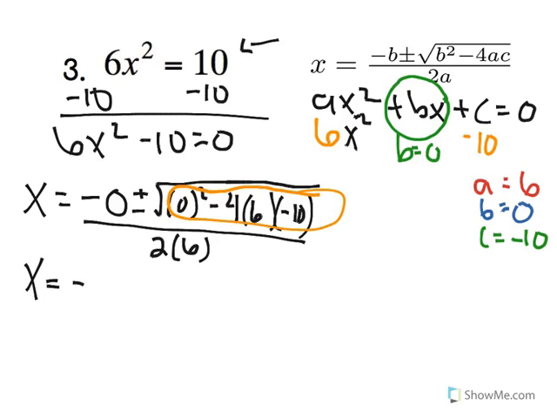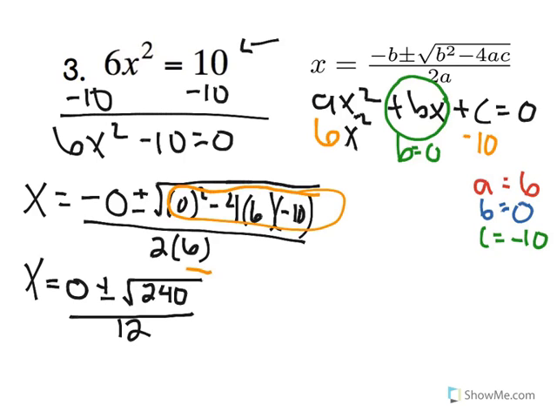So x equals, you can't have negative 0, so we're just going to write 0, plus or minus the square root of. So inside our square root, we have 0 squared minus 4 times 6 times negative 10. So we're going to put that into our calculator and see what we get. So inside our square root, we end up getting 240. And then everything is divided by 12, because 2 times 6 is 12.